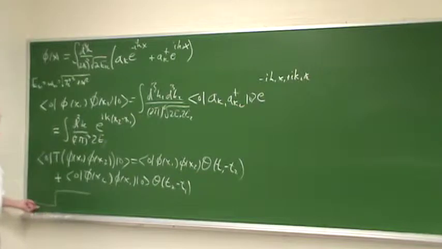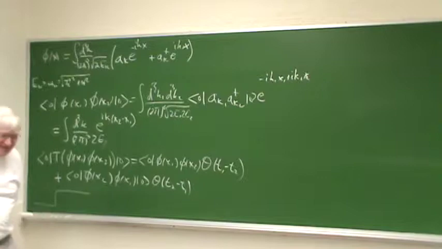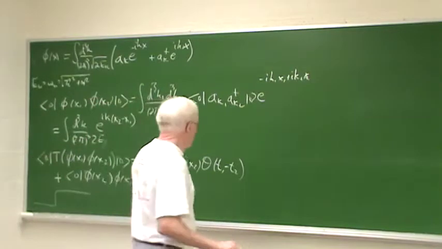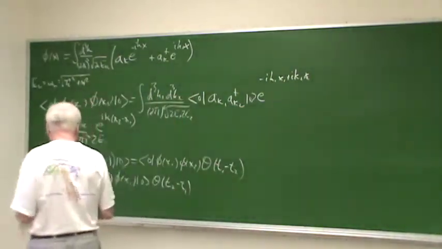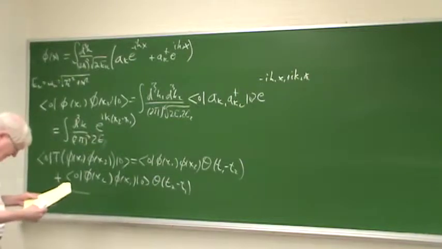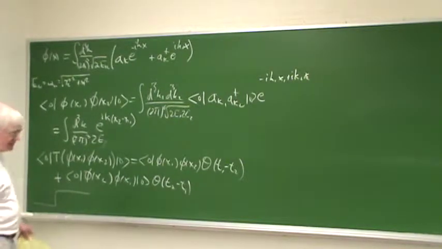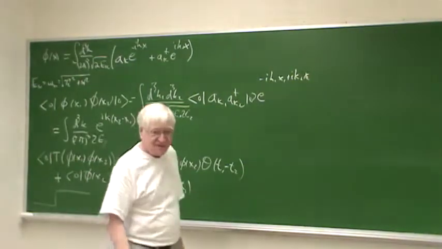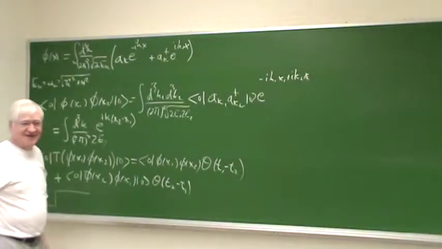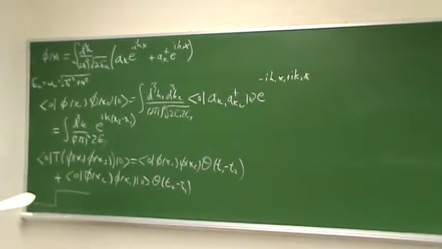For negative time, it's 0. For positive time, it's unity. So it has one heavy side, and the other is a light side. I guess he must have been amused by that. I always picture him as walking like this, but of course, never met the man.